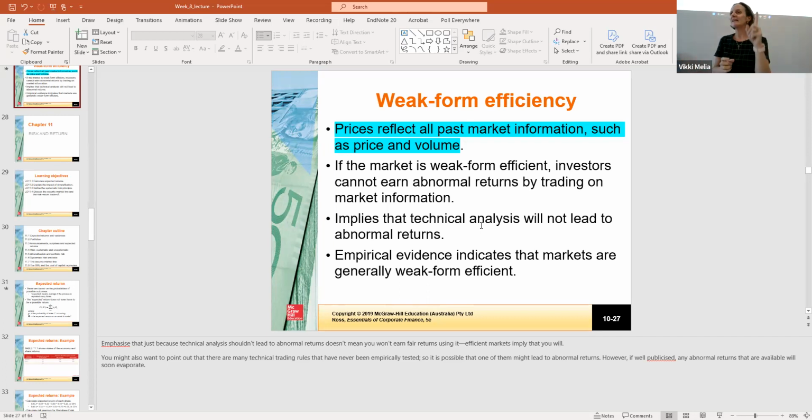The higher the standard deviation, the higher the risk. And we know the higher the risk, the higher the return investors would expect to earn. So in that chapter, we were really focusing on historical data, using historical returns or past returns to do calculations.